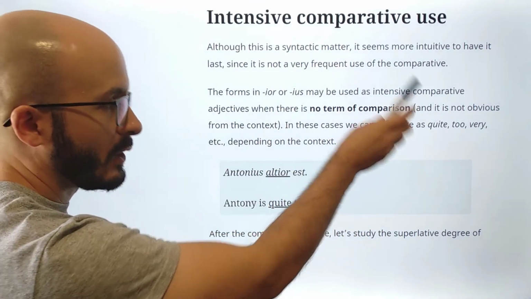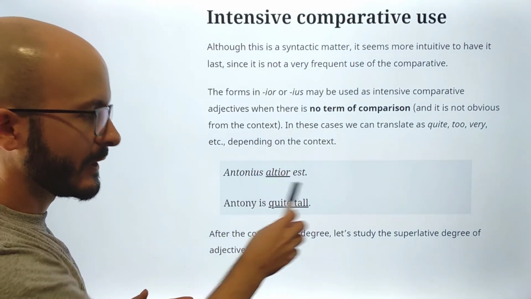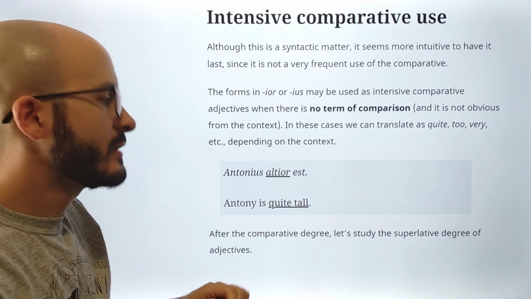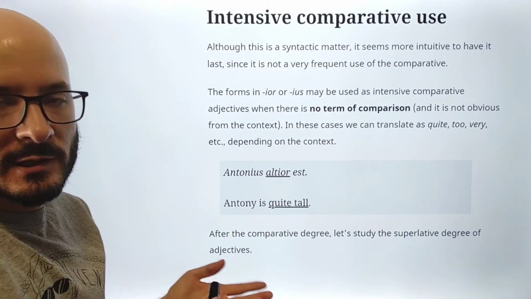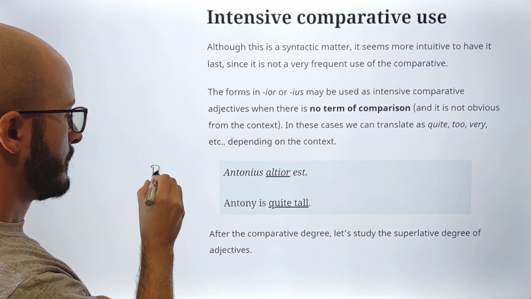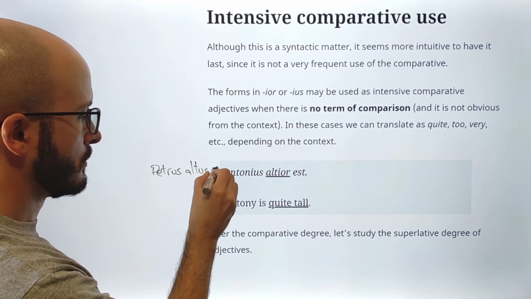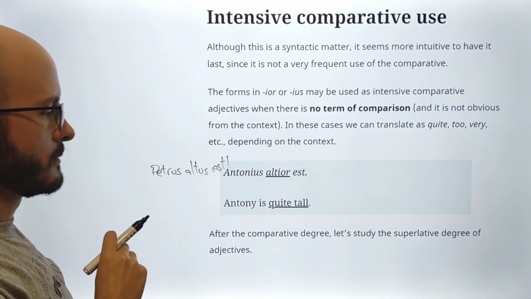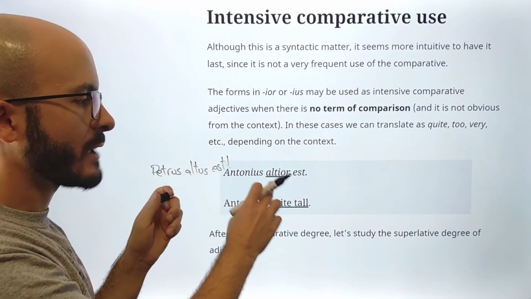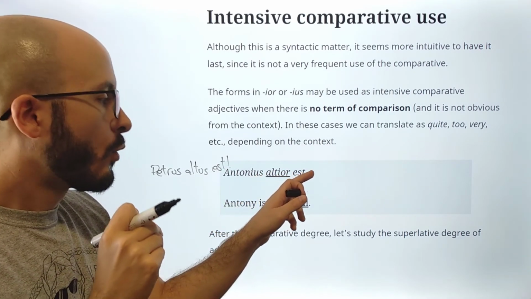And then, also important, it is not obvious from the context, because here again, this sentence is isolated, there is not much context. But imagine that we were saying before, for example, Petrus altus est. So we said, Petrus altus est. And now we say, Antonius altior est. And of course, we don't say Antonius altior est quam Petrus.